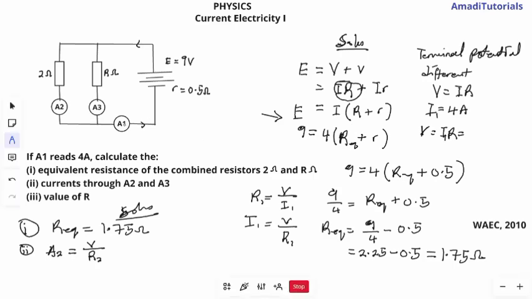A1 is the equivalent current times the equivalent resistance. So that will be 4 times equivalent resistance. Our equivalent resistance is 1.75.